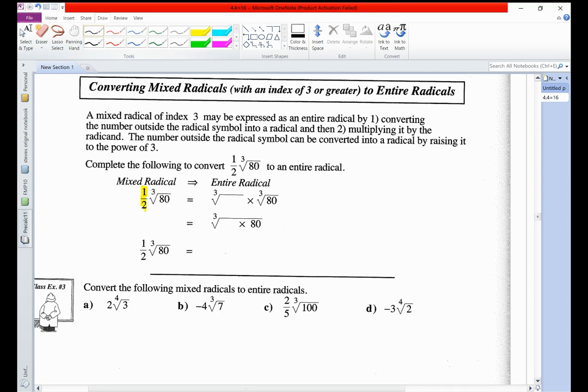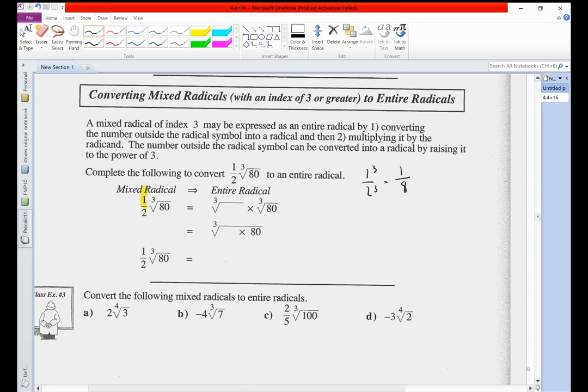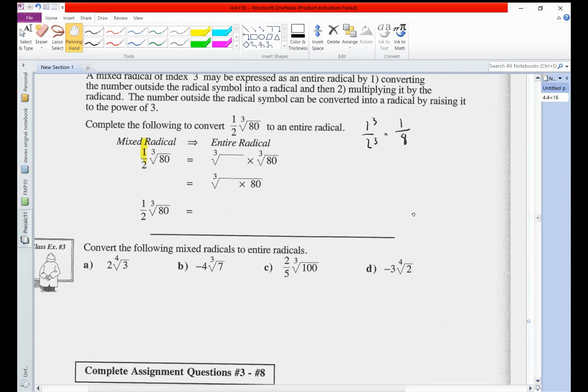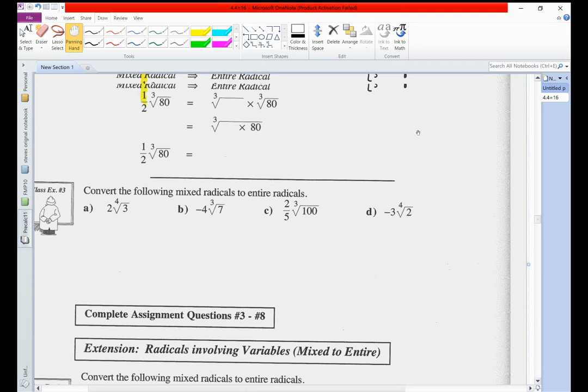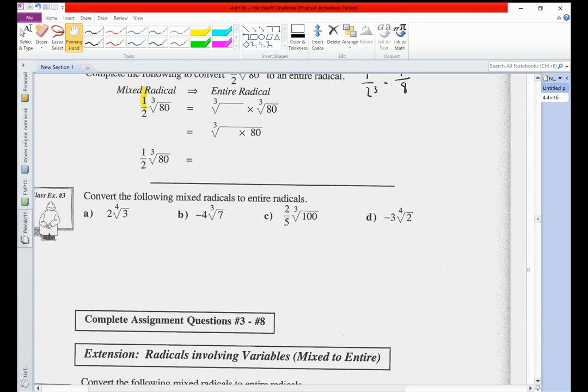So we can say, well, if we take 1/2 and we cube both top and bottom, you get 1/8. 1 cubed is 1, 2 cubed is 8. So you can say that this is the cube root of 1/8.